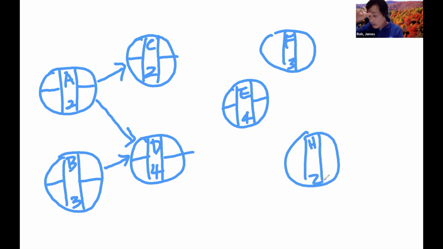Right, and then the predecessor of E is C. And what about F? C. And then the predecessor of G is D and E. E, F, G. Oh, I don't have G. G takes 5 weeks.